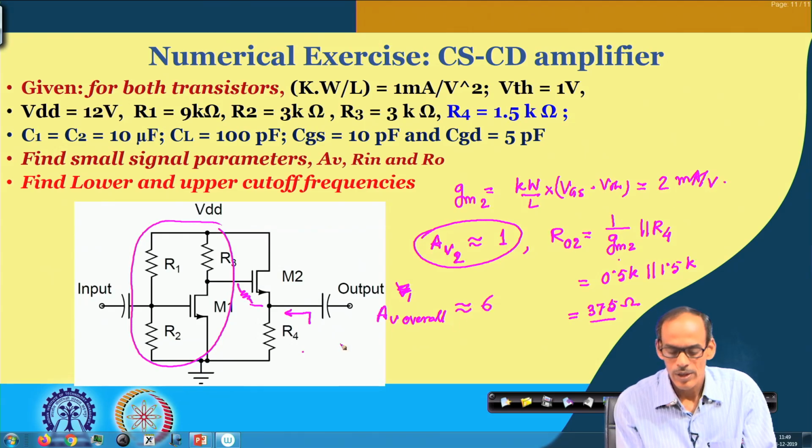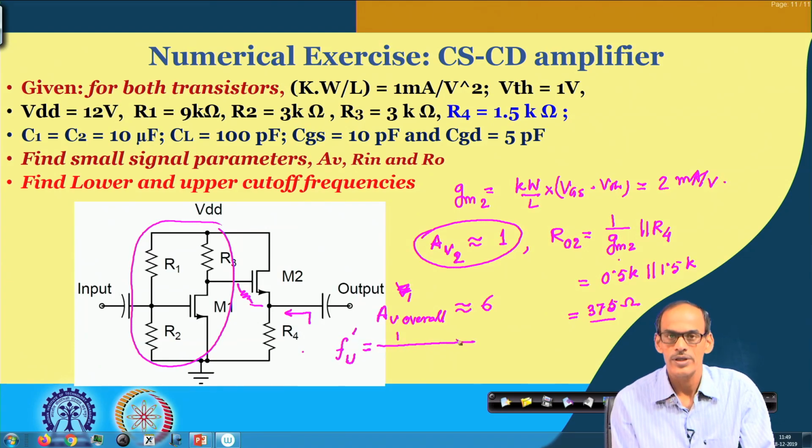But then the upper cutoff frequency, if I call it Fu dash, has two candidates to define it.